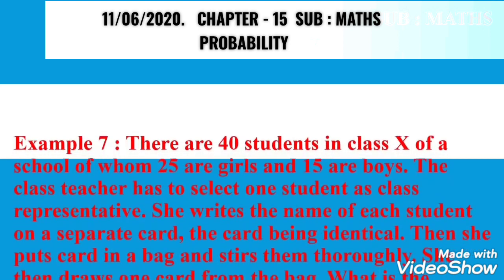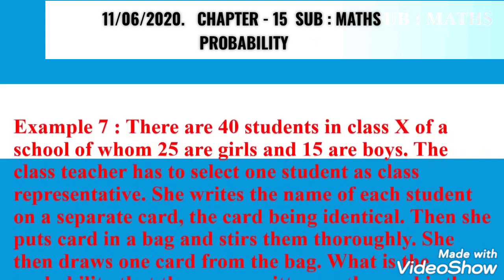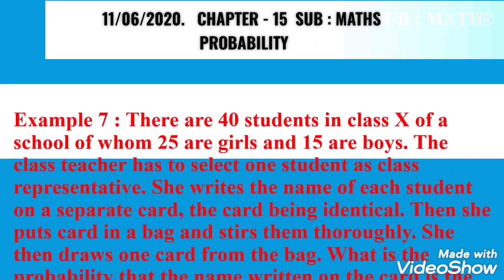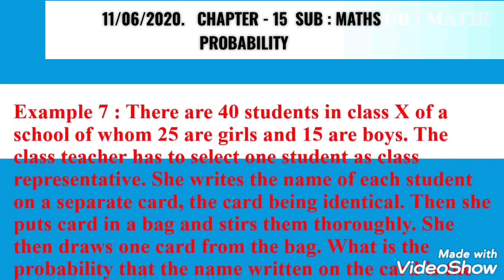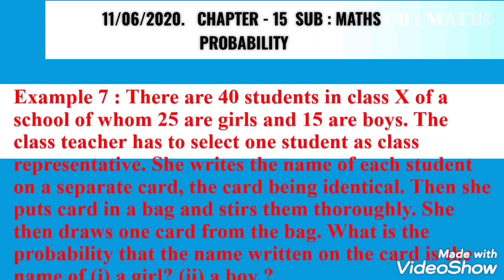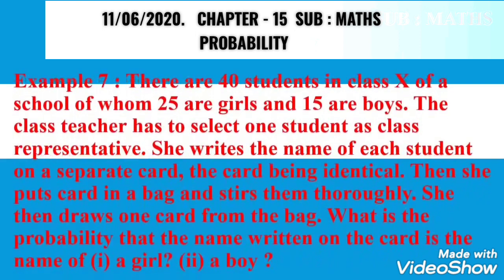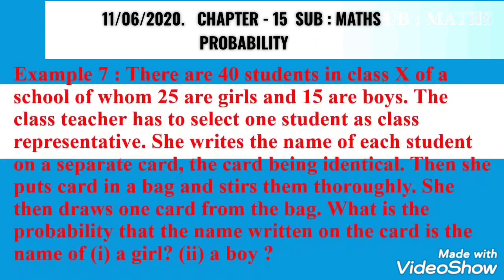Then she puts the cards in a bag and stirs them thoroughly. She then draws one card from the bag, because she needs only one representative. What is the probability that the name written on the card is the name of a girl or a boy? So we have to find the probability for a girl or a boy.